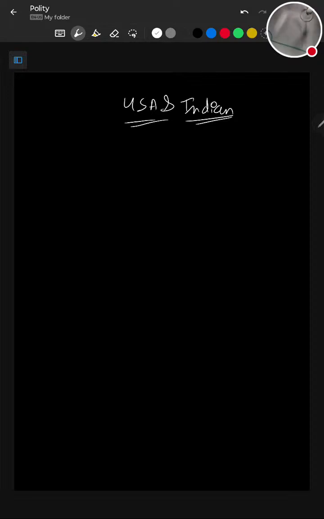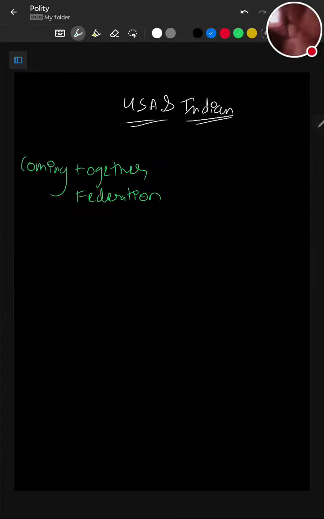The US constitution is a coming together federation, and the Indian constitution is a holding together federation.